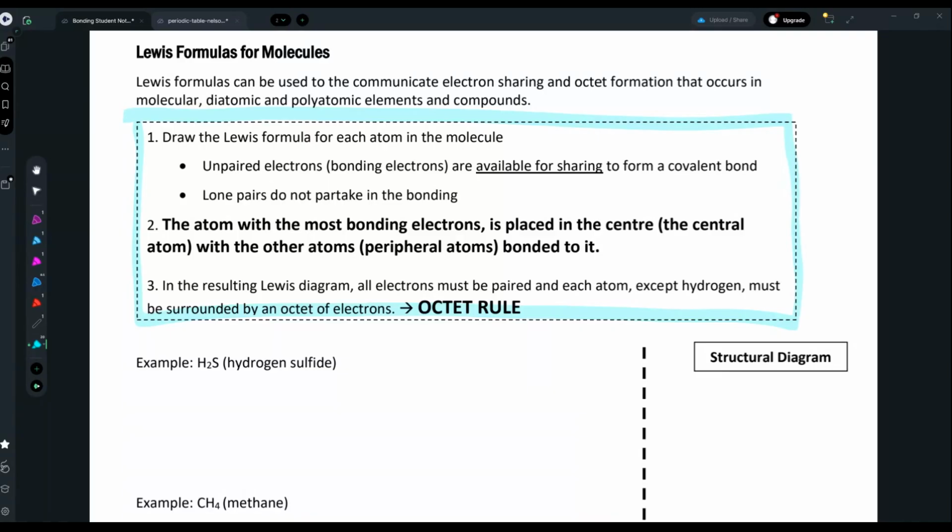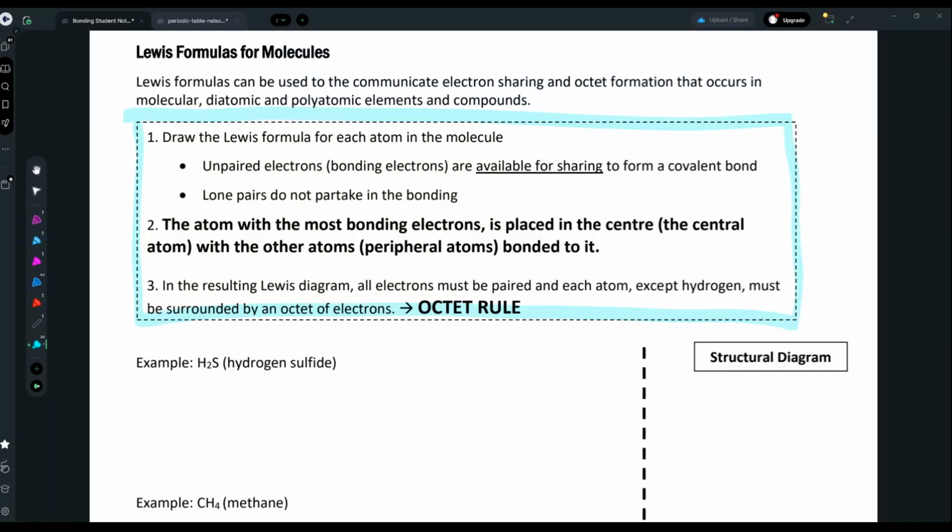The unpaired electrons, which we call bonding electrons, are available for sharing to form a covalent bond. The lone pairs do not do anything when it comes to bonding. The atom with the most bonding electrons is going to be your central atom.